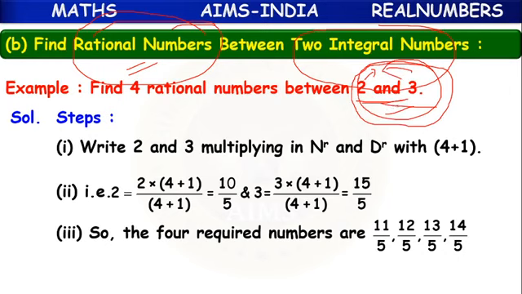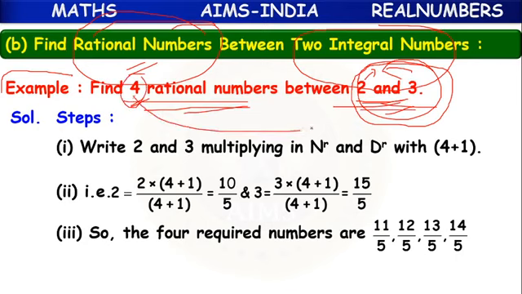Let's try to understand with an example. Find 4 rational numbers between 2 and 3. They are asking us to find 4 rational numbers whose values lie between 2 and 3.